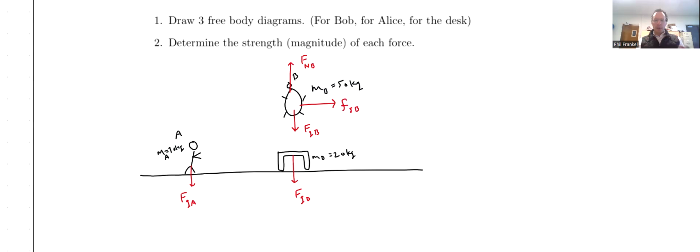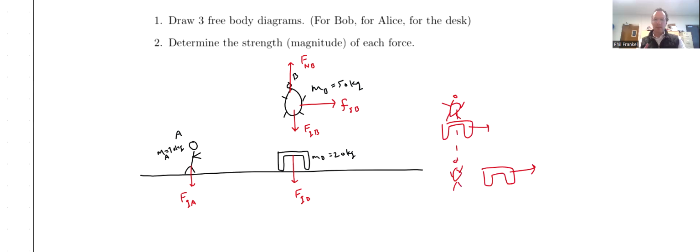If there were no static friction, then when the desk moves to the right, Bob would just get left behind and plop down while the desk zips ahead.